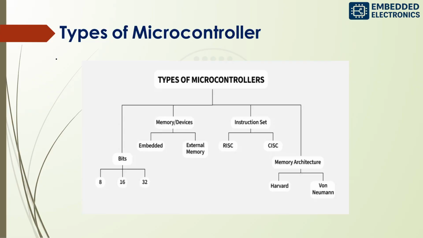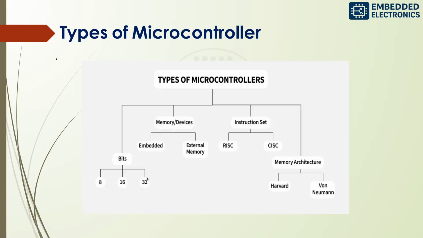And based on bits, the microcontroller can be classified into three types: 8-bit microcontroller, 16-bit microcontroller and 32-bit microcontroller. The internal bus is 8 bits in the case of an 8-bit microcontroller. In a 16-bit microcontroller the internal bus is 16 bits wide, providing better precision and performance than 8 bits.